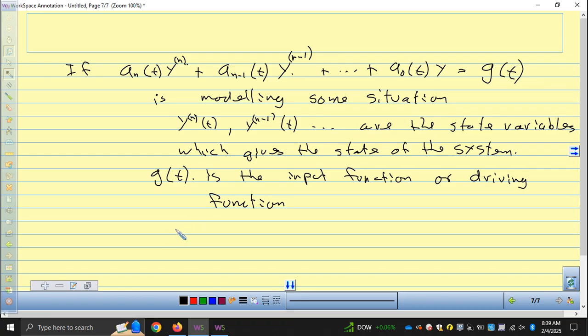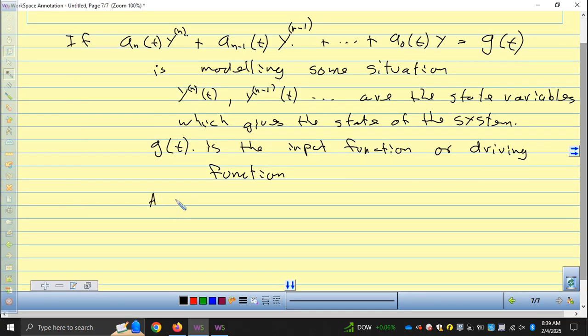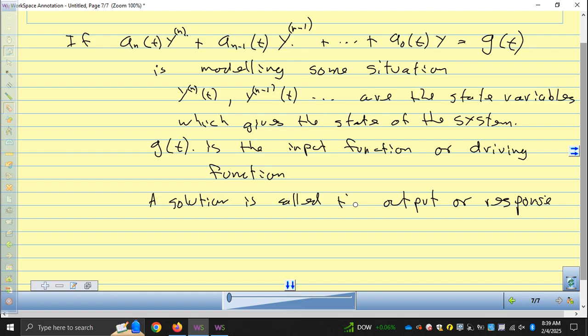A solution is called the output or the response. So we get a solution, we call that the response to the driving function. In the situation that we've been talking about, where we have an nth order linear non-homogeneous differential equation, the output is going to be uniquely determined.